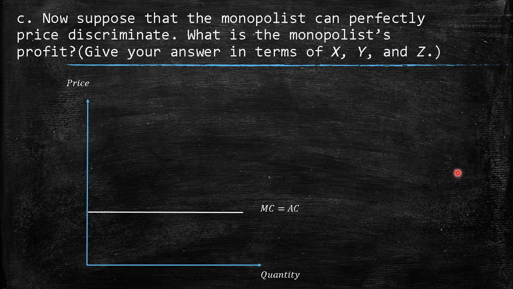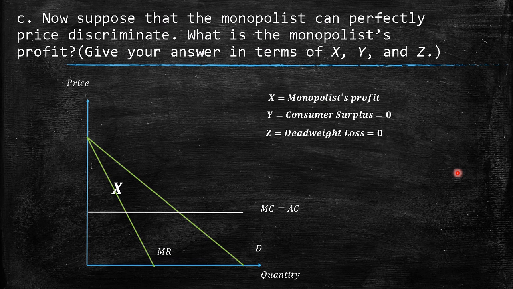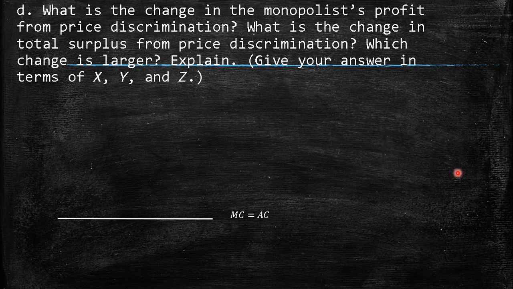So you will take all the consumer surplus, and plus you will take out the deadweight loss. Then X should be the monopolist's profit, and at that time the consumer surplus should be 0 and the loss should be 0.